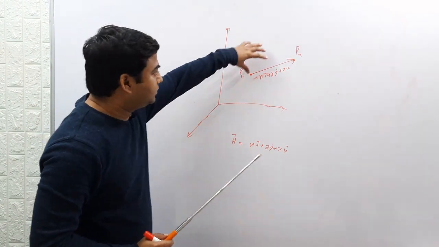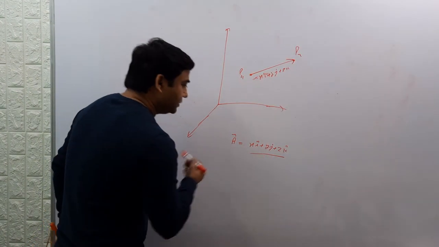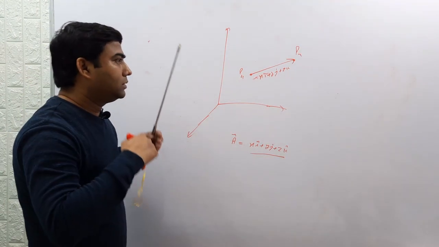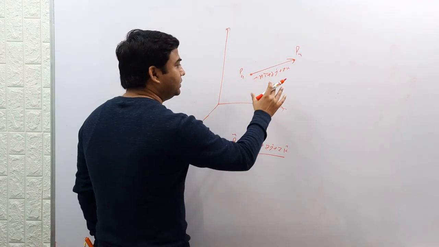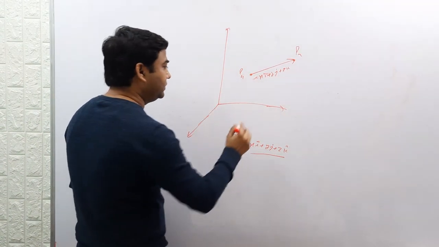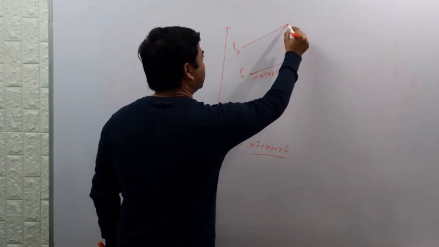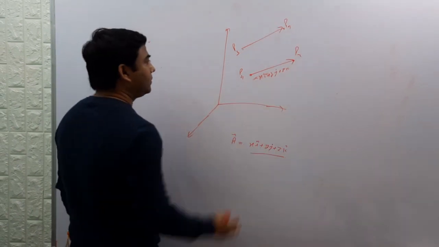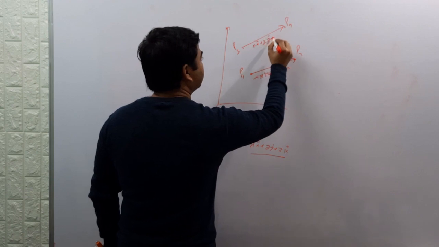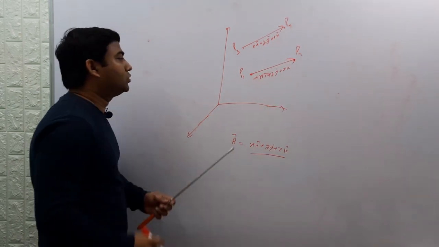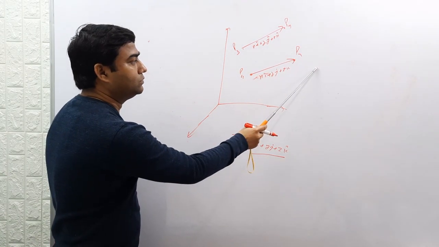So you should not think that this vector will stick at this place only, because vectors are free. There are infinite number of combinations of points which will represent the same vector. We can have the same vector with P3, P4. This vector will also be xi plus yj plus zk. P1 and P2 were two points, x1, y1, z1 and x2, y2, z2.